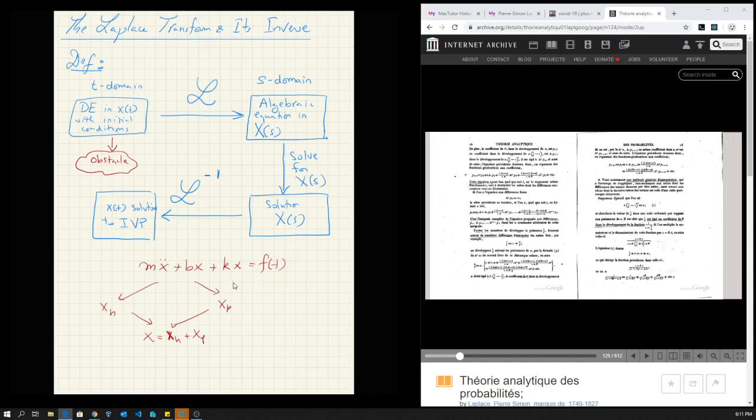The problem though is that this is not always easy to do if you have, for example, difficult functions to deal with. So let me give you an example of a difficult function. What if the function that you're trying to deal with here, f of t, is not a single formula function? It's a piecewise function. So maybe it's 0 when t is between 0 and 1, and maybe it's sine t when t is bigger than 1.